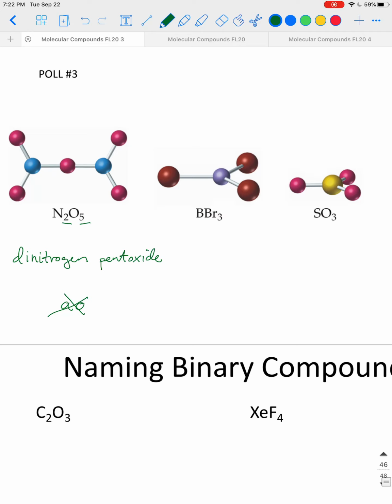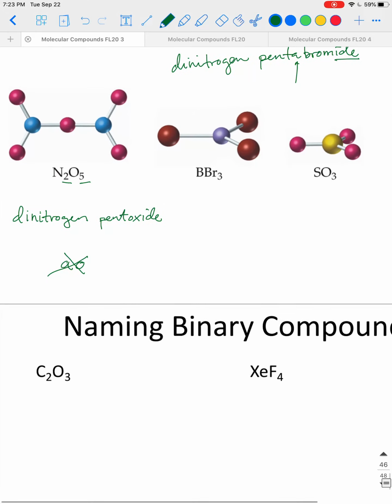Any other time, like if we had N2Br5, it would be dinitrogen pentabromide. So you do keep the A here, you change the ending to IDE, and then you put your prefixes in front of both elements. All right. So here we have BBr3. So B is boron, and we just have 1.